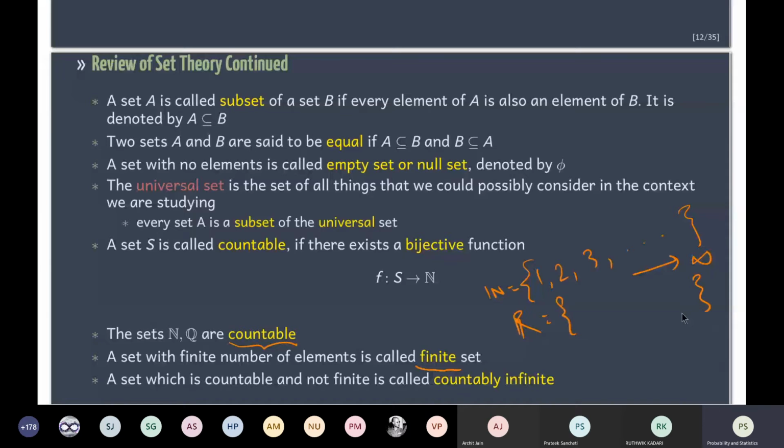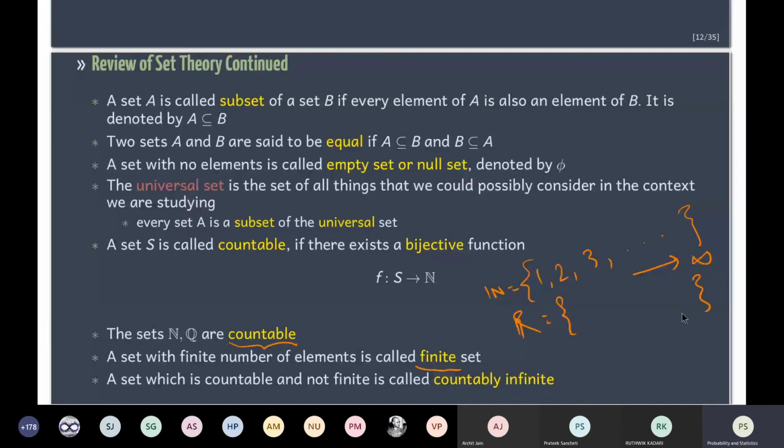You can say that both cardinalities are infinity, but one infinity is smaller than the other infinity. So they wanted to distinguish between these.